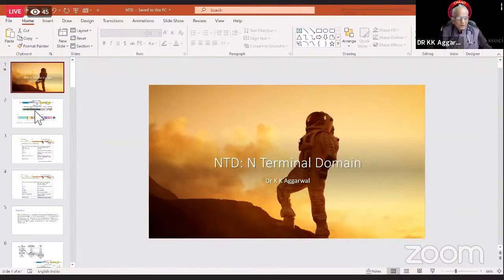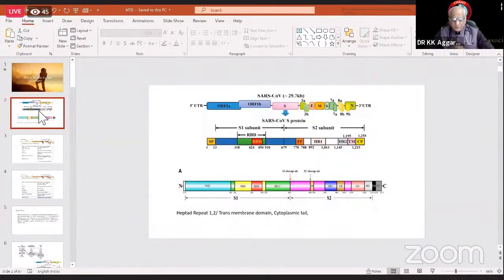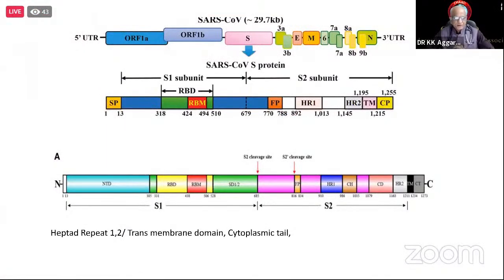If we go back to the virus structure, we have a virus on the above, and the various components of the virus are depicted. The virus has a 5' end and a 3' end, and then it has ORF1A and ORF1B, which contain 16 non-structural proteins.